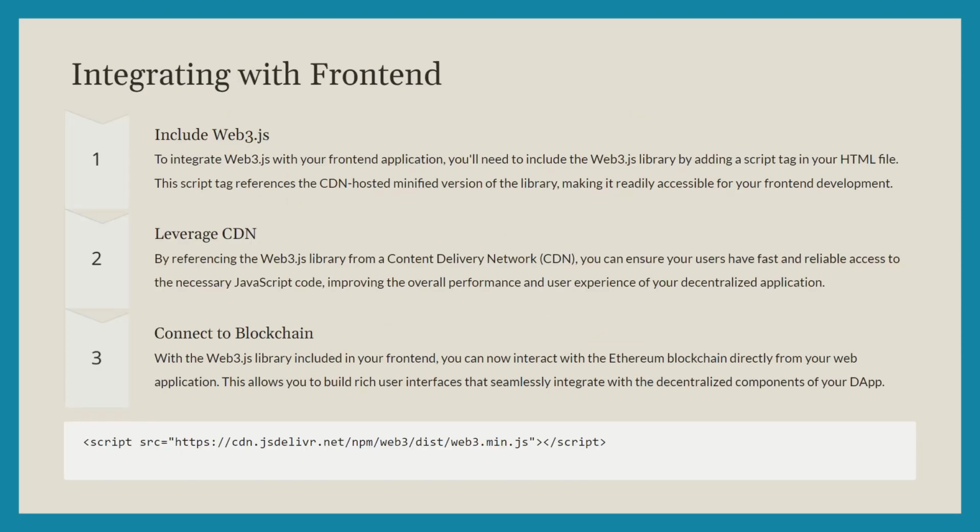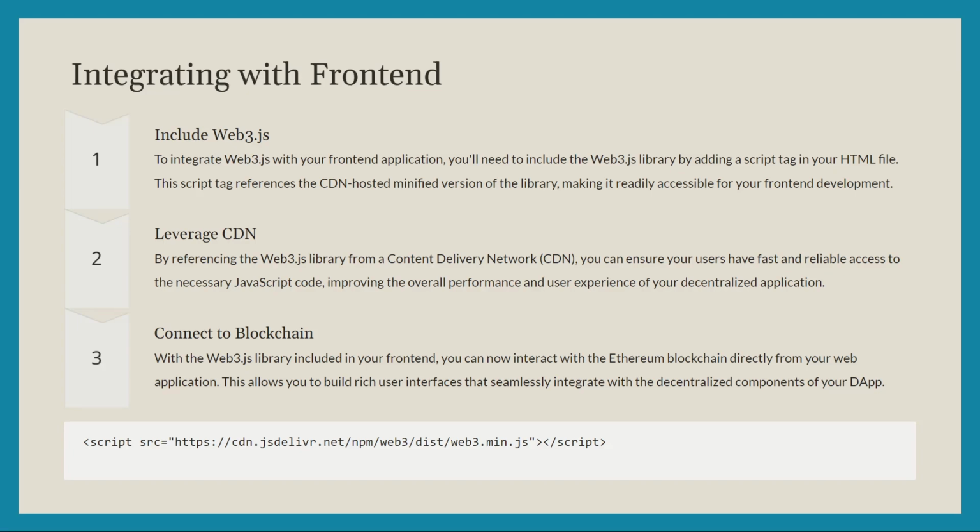Okay, so the next step that we have to make sure we do is integrating with the front end. So first we obviously have to include web3.js, right? To integrate it, you need to include web3.js by adding a script tag in our HTML file. This script tag references the CDN-hosted minified version of the library, making it readily accessible for front-end development.